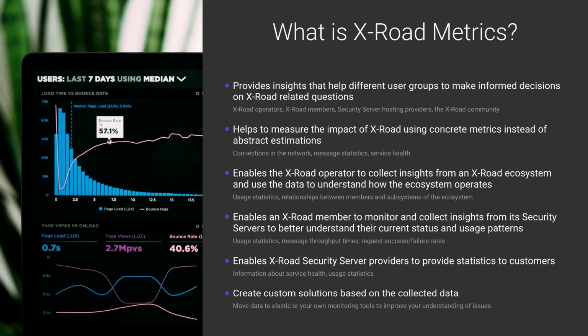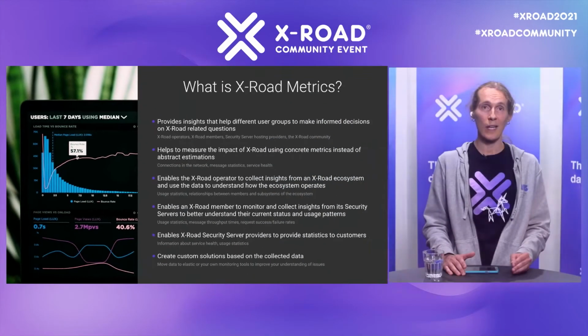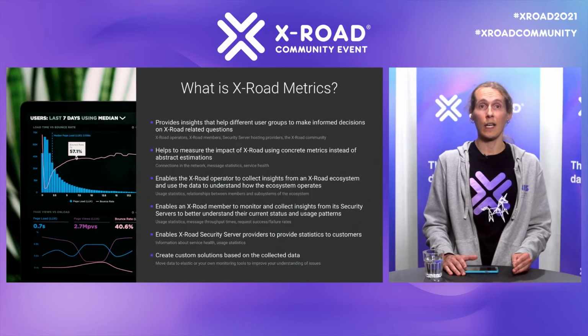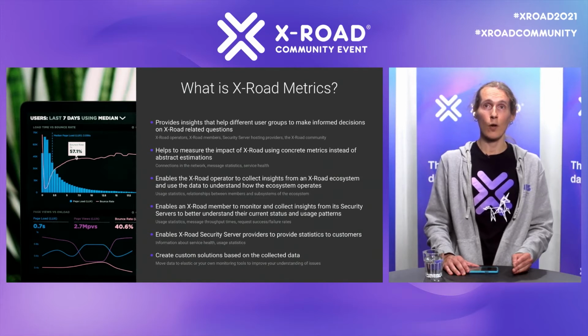And when X-Road is implemented, it's important to measure the success and the impact of the implementation. Of course, X-Road metrics and the data it provides alone doesn't provide all the required details for this kind of evaluation, but at least it provides a very good basic set of real data, facts and figures.